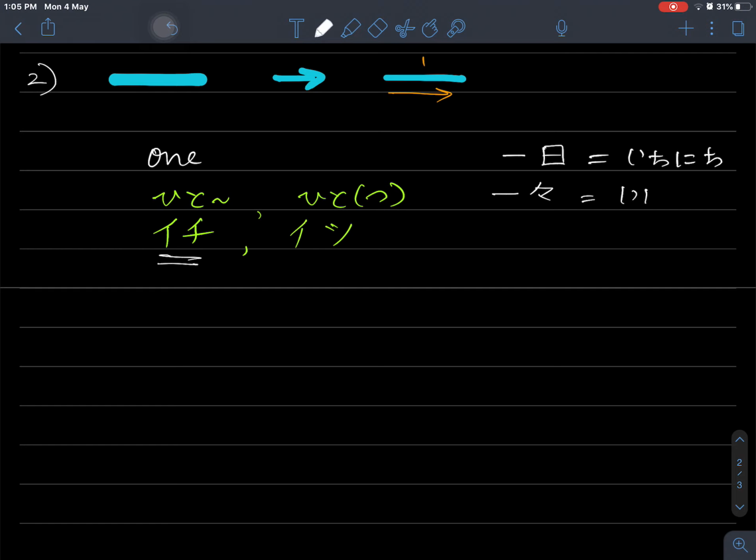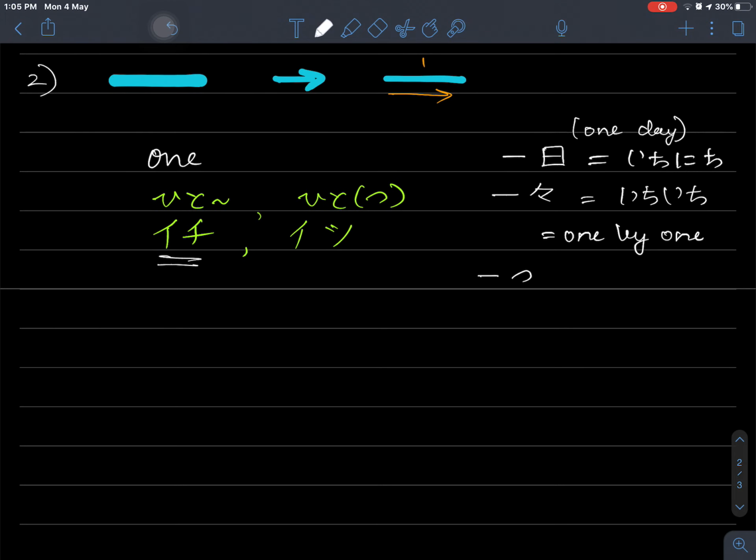It will be read as ichi ichi, which is one by one. I'm not writing the meaning here because I imagine you can guess it. In case it is not clear, okay, fine, I'll write the meaning for you. It means one by one.